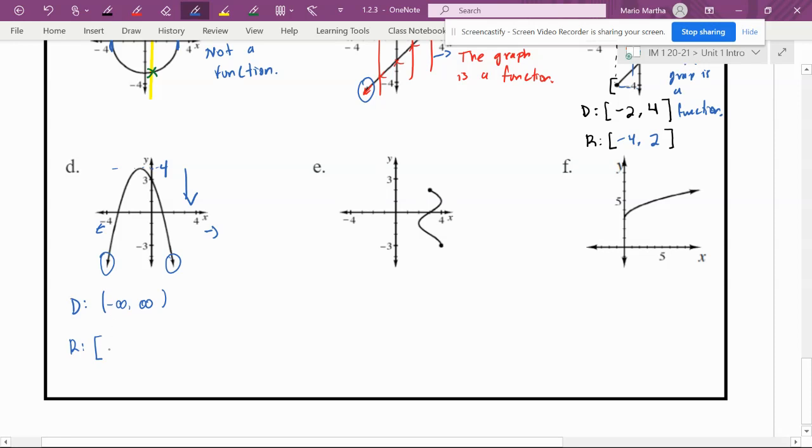So we're going from the bottom up. So that would be from negative infinity to the maximum value, which is positive 4. And again, if you draw a vertical line, it passes the vertical line test. So we can say this is a function.